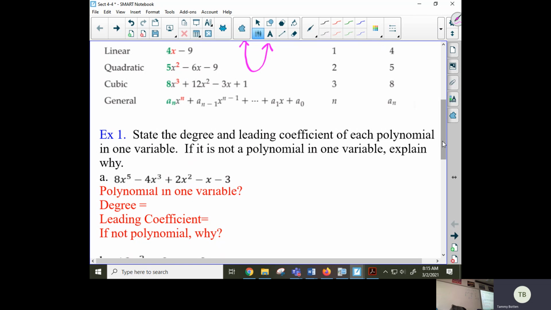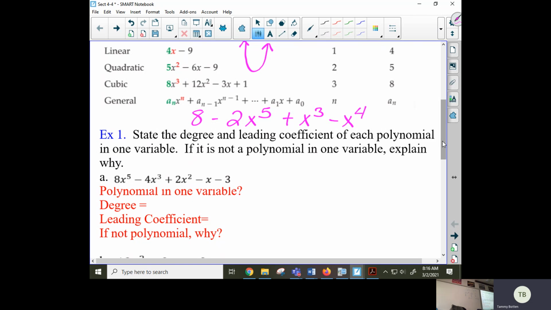And then just for general, one of the things that you'll notice as we do these problems, they don't always put the variables in descending order, so they'll sometimes go like 8 minus 2x to the 5th plus x to the 3rd minus x to the 4th, something like that.